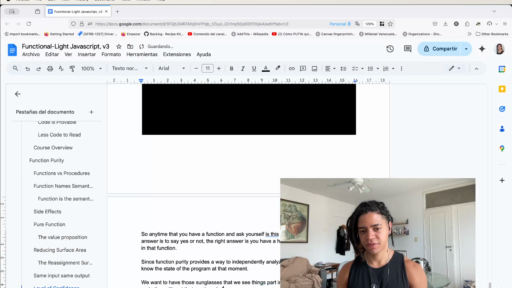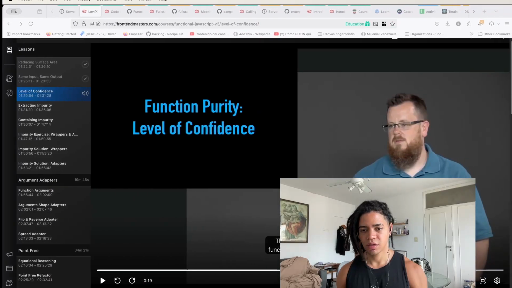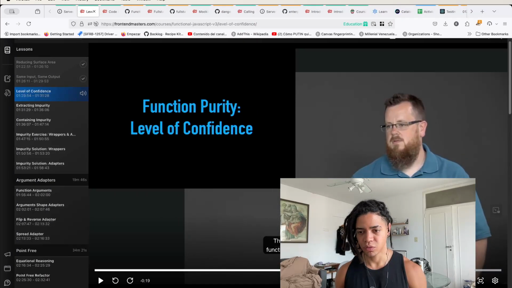And shift that as much as possible to a high degree of confidence, to the high confidence spectrum.